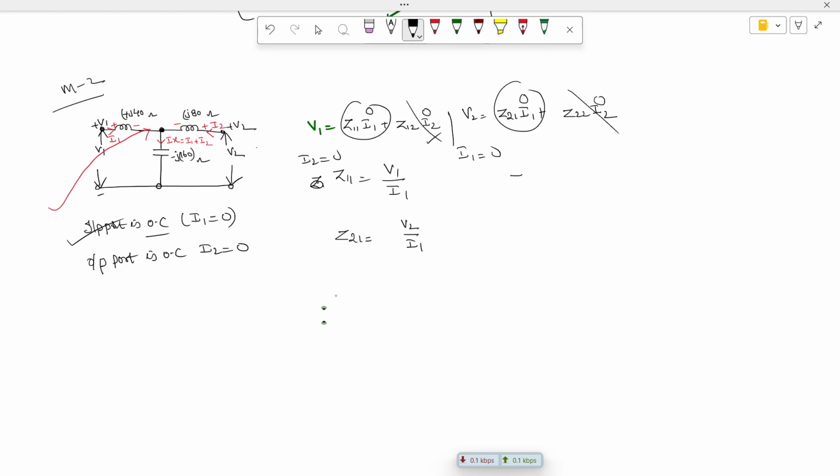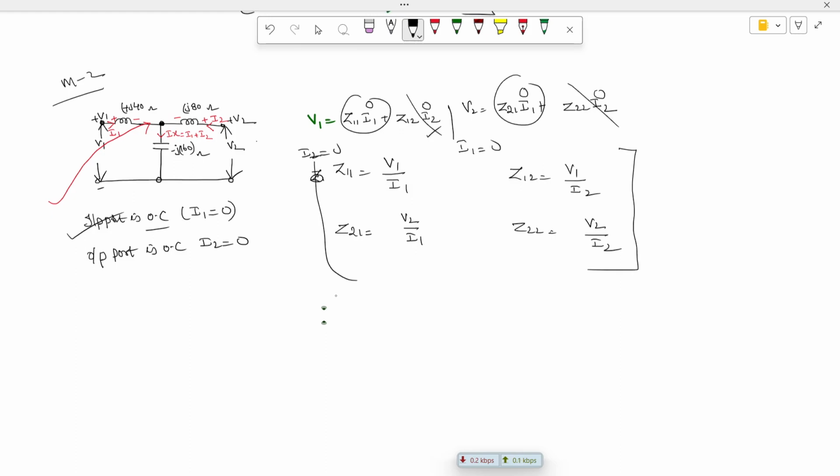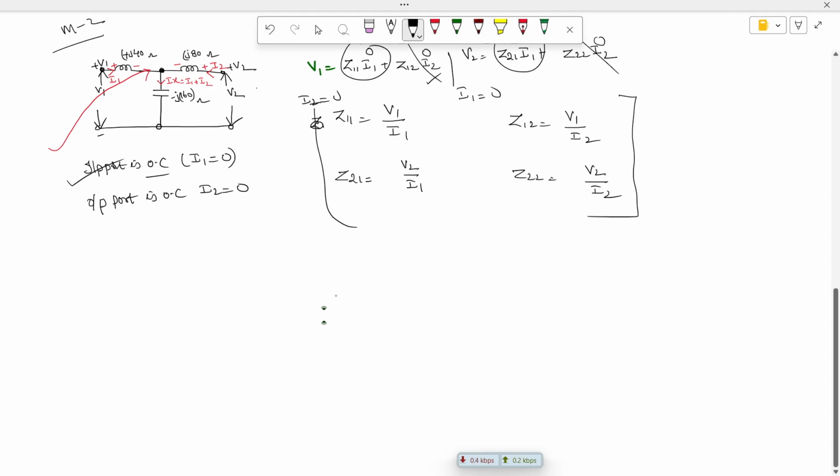Therefore the value of Z12 is equal to V1 by I2 and Z22 is equal to V2 by I2. Now let us try to find the four parameters. First, the output port is open circuited, so try to draw the same network.